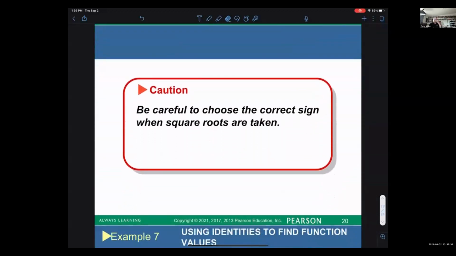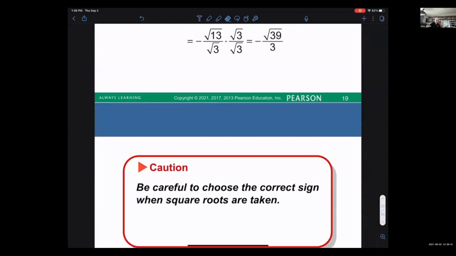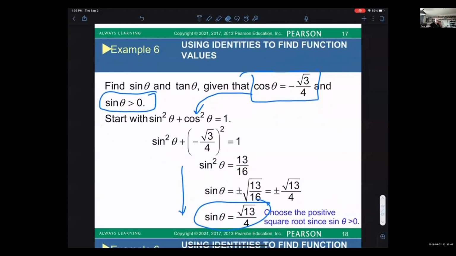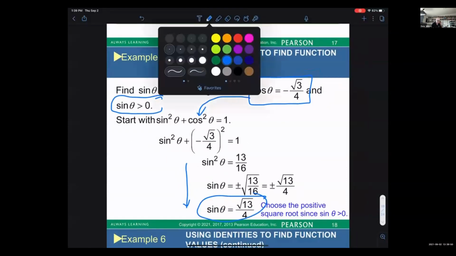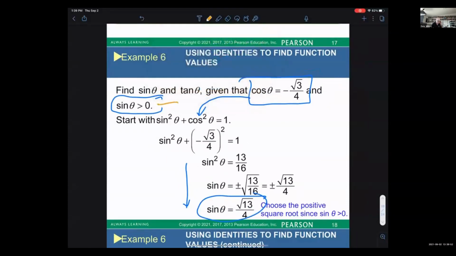Now it says there is a caution here. Be careful to choose the correct sign when square roots are taken. So we saw that in that first example here, where they had to tell us right here what the sign of the answer should be, because cosine can have a negative 3/4 value in a couple different quadrants.